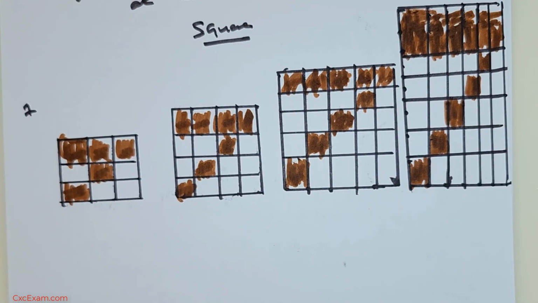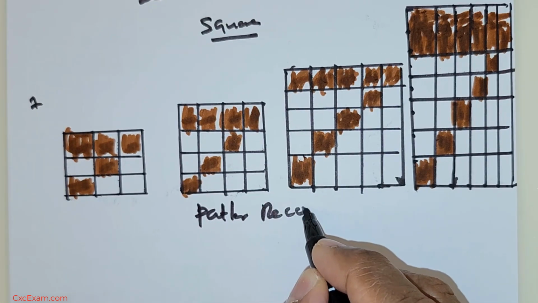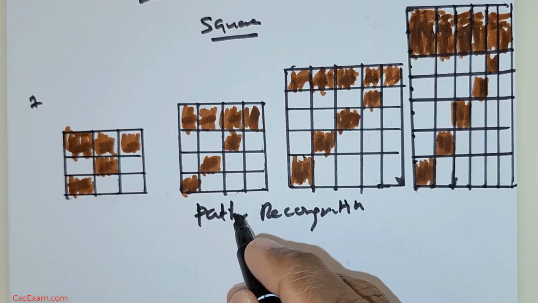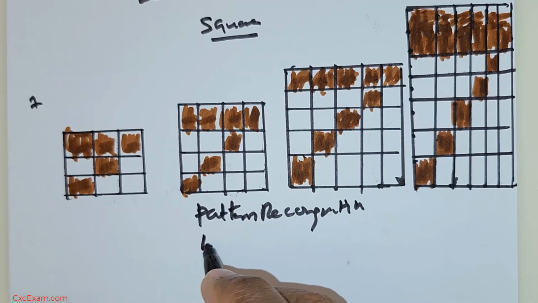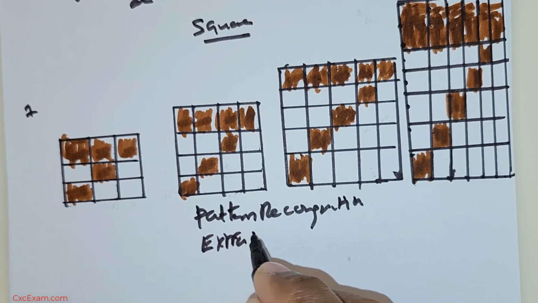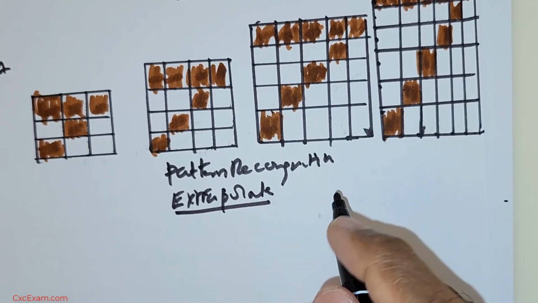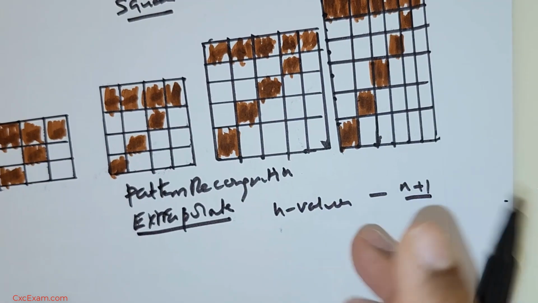The question is testing you on pattern recognition. Pattern recognition. And what is the next exercise? The question is testing you. The question wants you to extrapolate. Okay, extrapolate means what? If they give you n values, you should be able to produce the n plus 1th value.